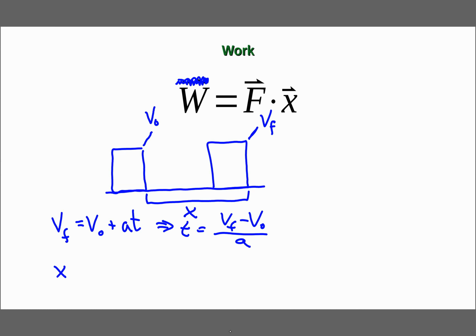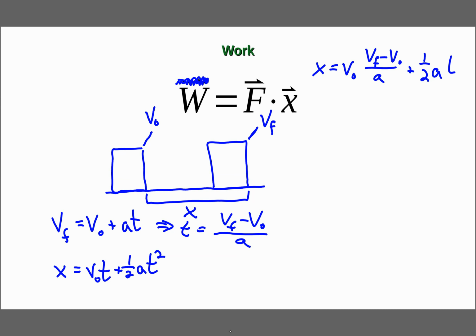And then we also know that x will equal, let's say I choose my coordinate system so that x naught is 0, v naught t plus 1/2 a t squared. But if I plug in this expression that I have for t, I get that x equals v naught times vf minus v naught over a, plus 1/2 a times vf minus v naught over a, squared.